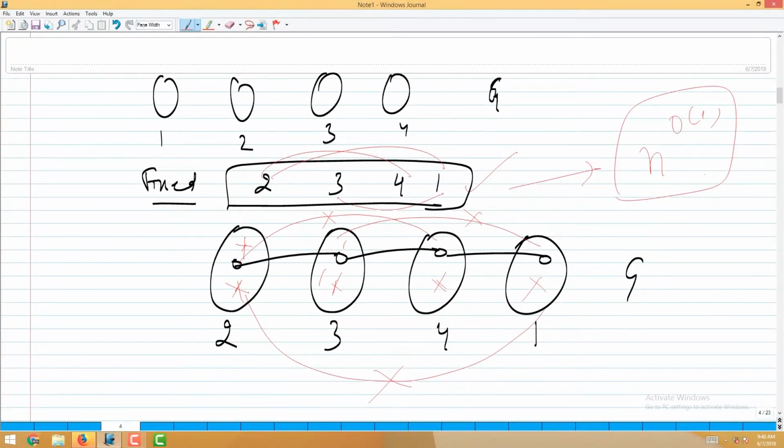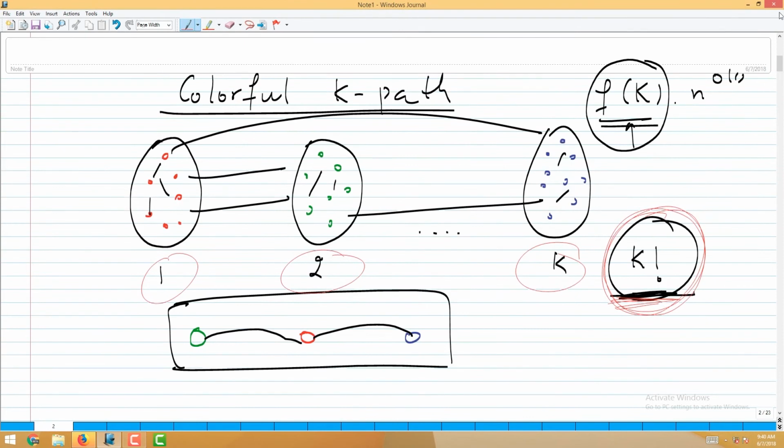If there are two edges whose colors are not adjacent in the ordering, then you have to delete those edges also. So this is just a polynomial time procedure. And then after that run DFS, which is again a polynomial time algorithm. Linear, but let's say polynomial. So this problem can be solved in polynomial time, and hence the colorful k-path problem can be solved in k factorial times polynomial time.